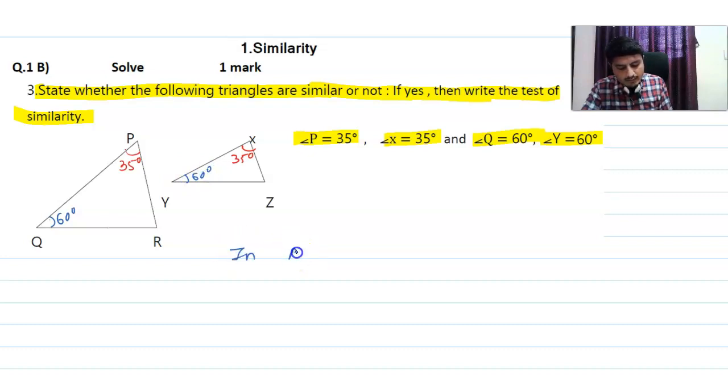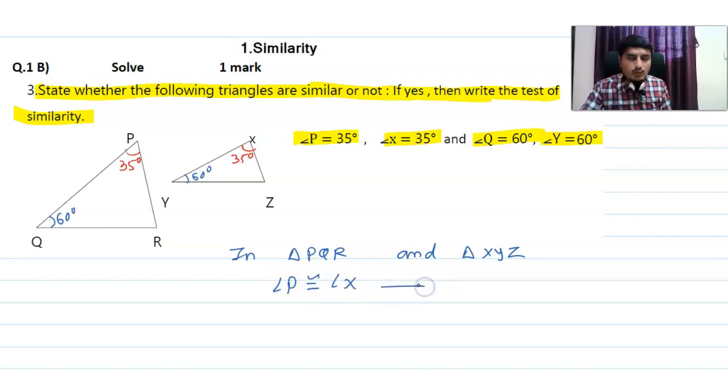So look here, there are two triangles. The first triangle is PQR, and the other triangle is XYZ. In the given triangles, angle P is equal to angle X. That means we can say angle P is congruent to angle X, because both measures are 35 degrees. Next, angle Q equals 60 degrees and angle Y equals 60 degrees, both have equal measures, that means they are congruent.